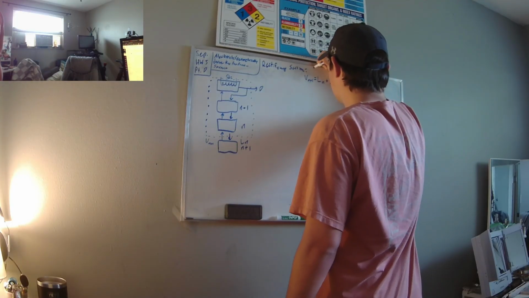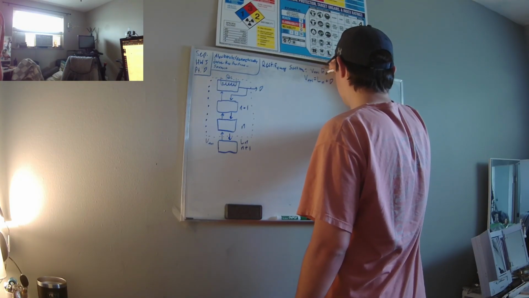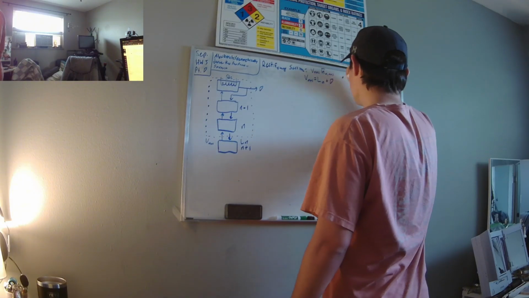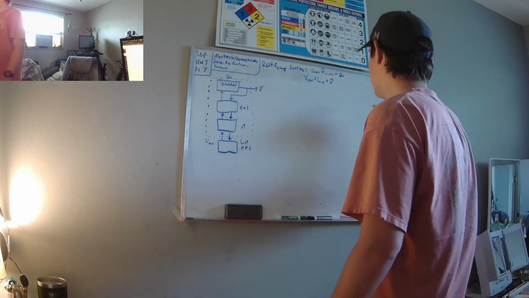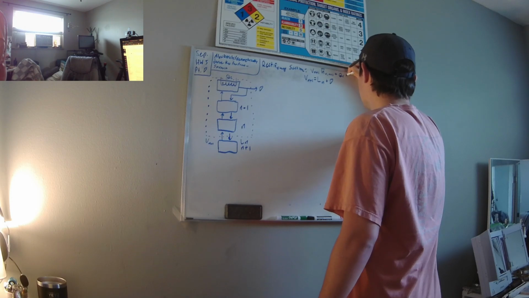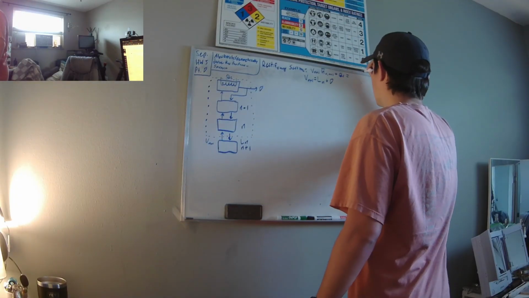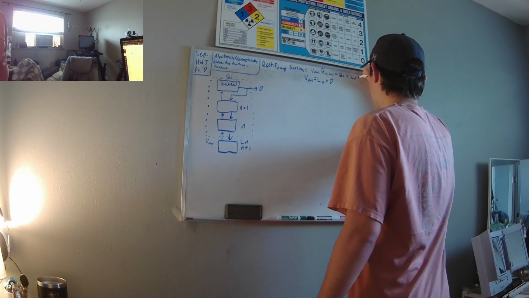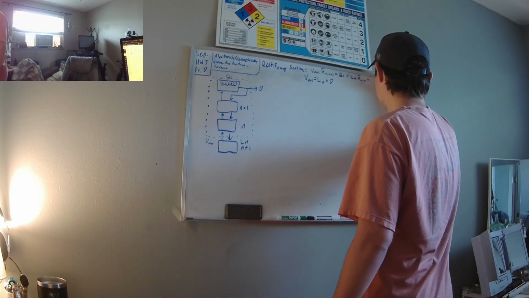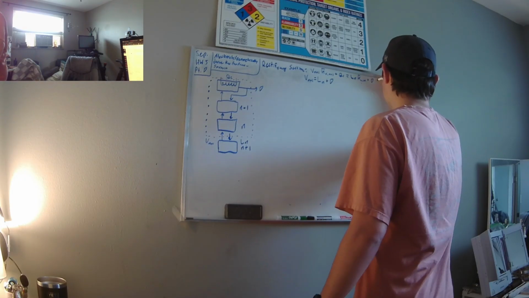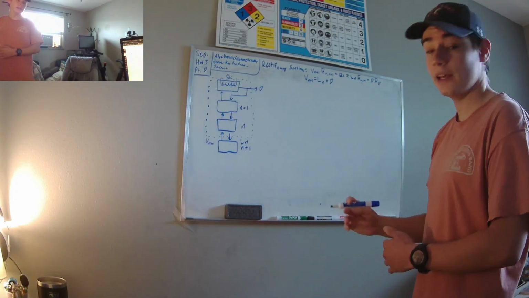We've got our Vn+1 times our molar enthalpy H bar V at n+1 plus our QC, that heat being removed from our condenser, is going to equal our Ln times our molar enthalpy of our liquid at stage n plus our distillate flow times our molar enthalpy of our distillate. And that's our overall energy balance.